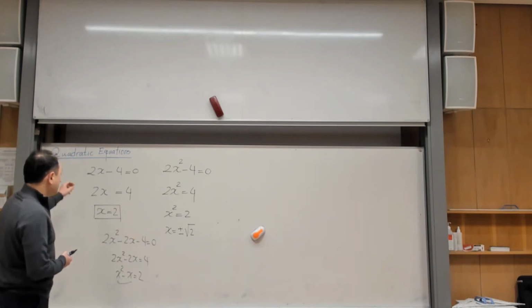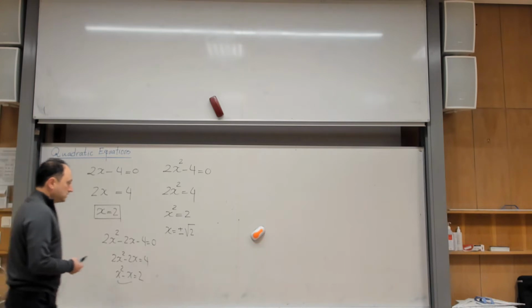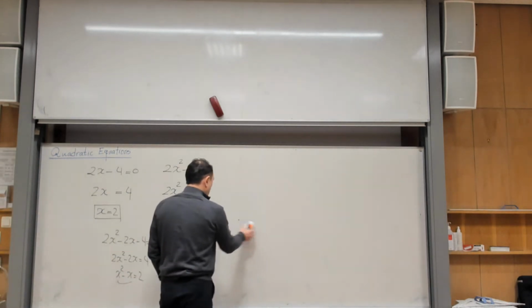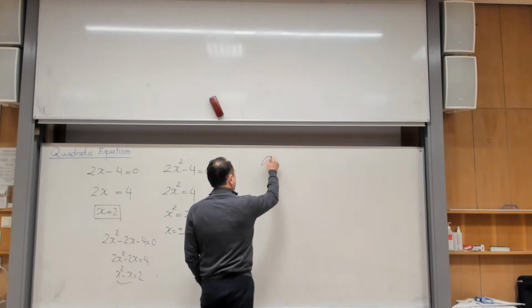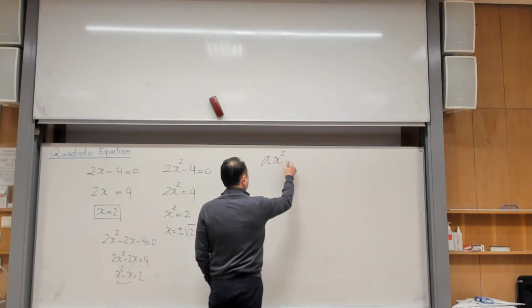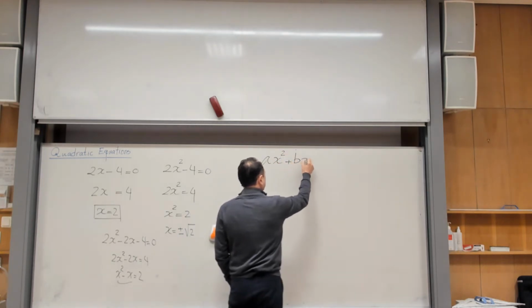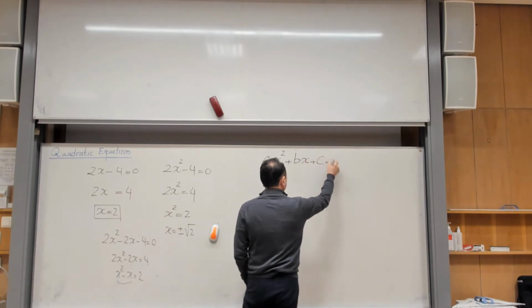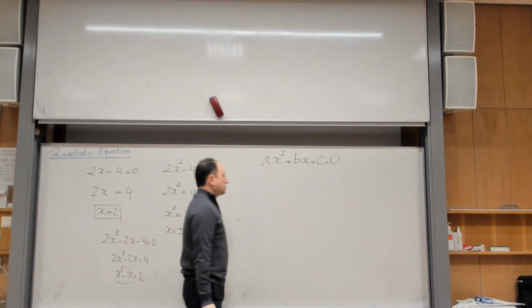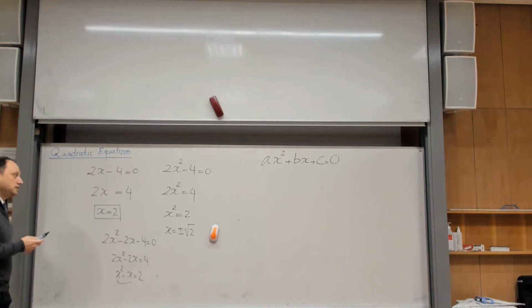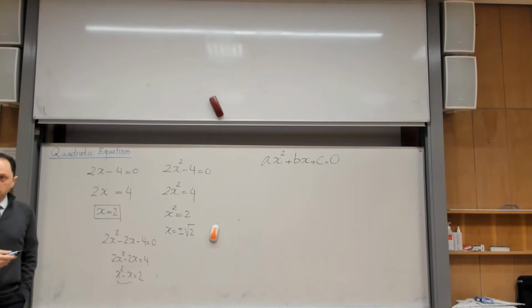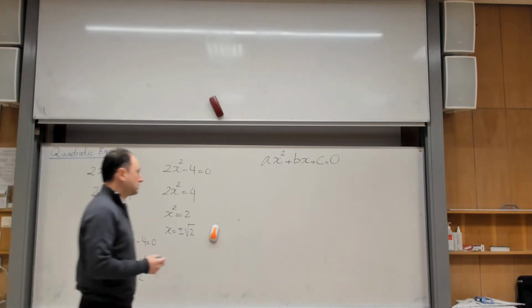So first of all, if I want to ask you what is the type of equations we will be facing, you will say that, okay, we will have an equation of this form. So in this chapter, for a while, we will be busy with solving this equation for all possible values of a, b, and c.